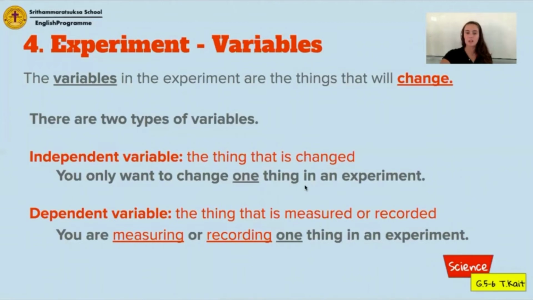So we know we are going to change the light, but changing the light, what is that going to do to the plant? Are all of the plants going to grow to the same height? No, so this is going to be the thing we are measuring. We are going to measure how tall the plant is growing, or the height of the plant, all right?